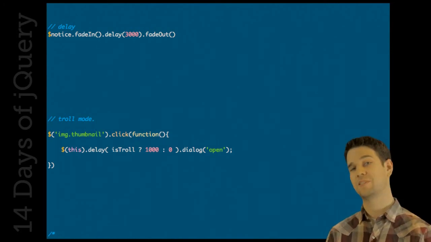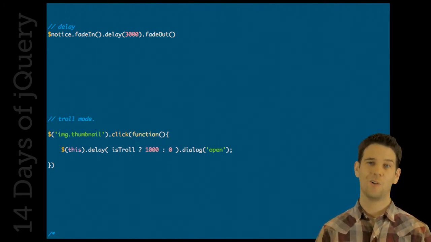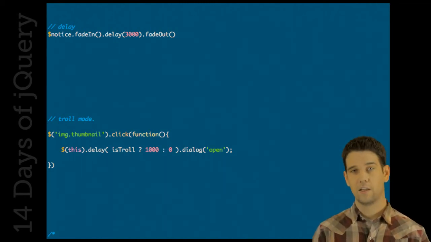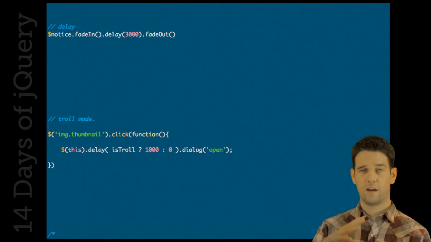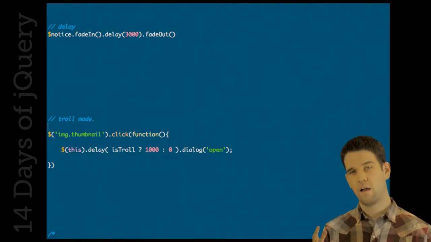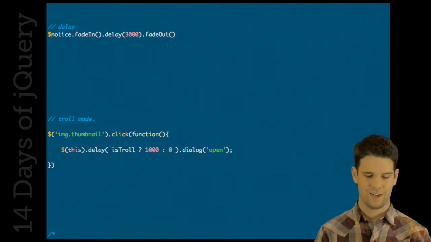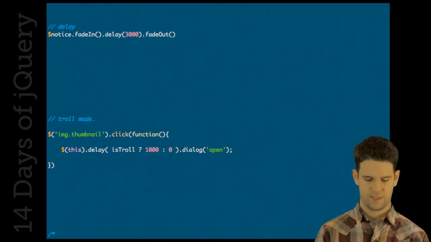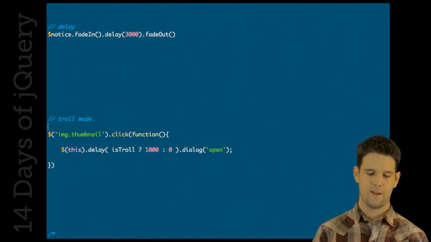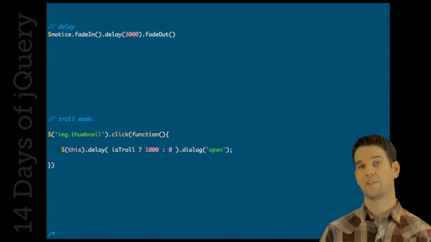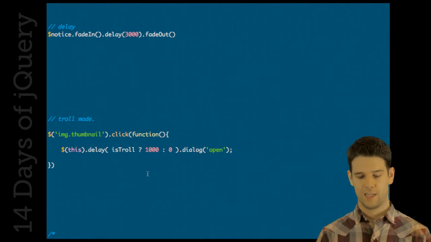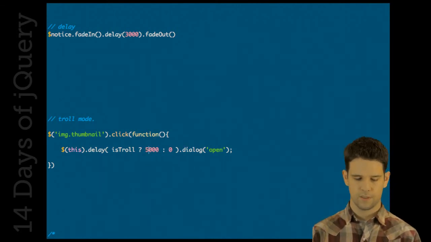So if you deem someone as a troll or an unwanted person, you might want to make all the thumbnails that they click on load up the dialogue, the expanded version of that thumbnail, slower than everyone else, right? So if they're a troll, we'll add a delay of, you know what, let's crank that up, 5 seconds before we actually launch the enlarged version of that thumbnail. Otherwise, keep it 0. So this is a really flexible delay.